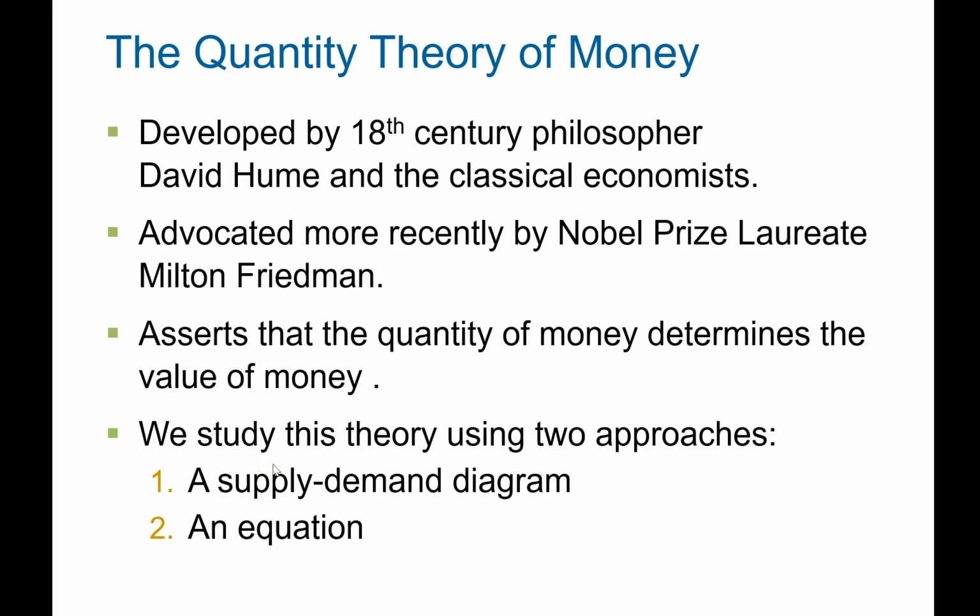So we study this theory using two different approaches. One, we can look at a supply and demand diagram, and we can also understand it through the equation that tells us the same story.